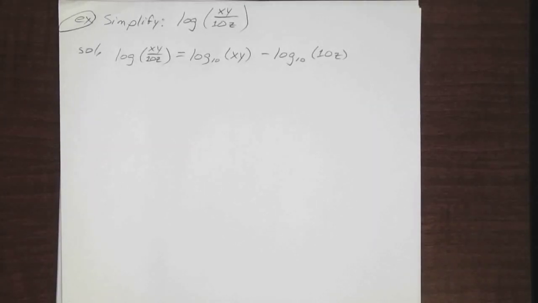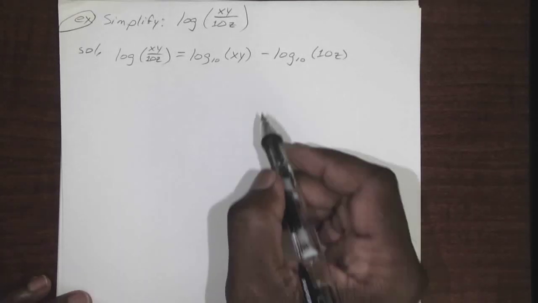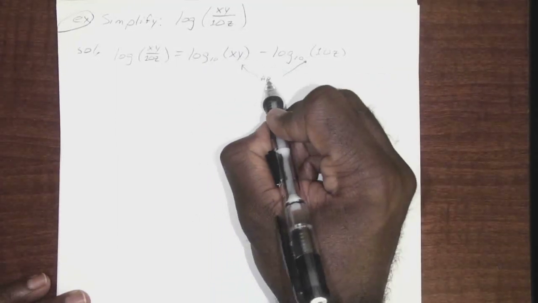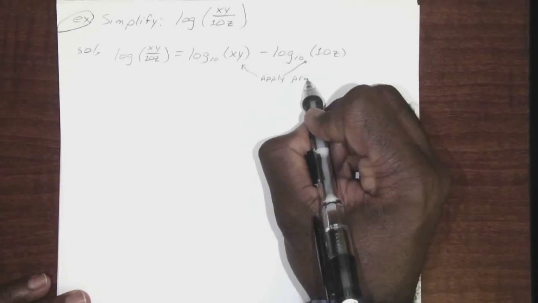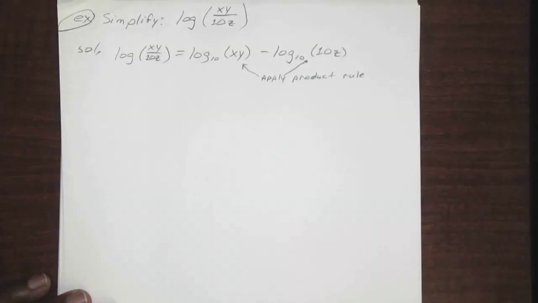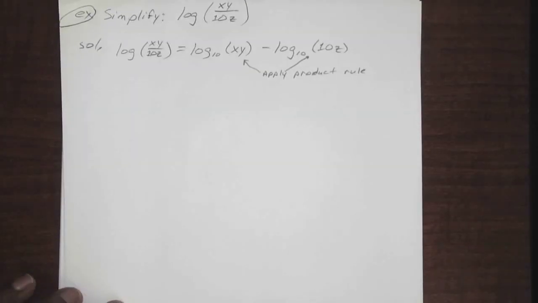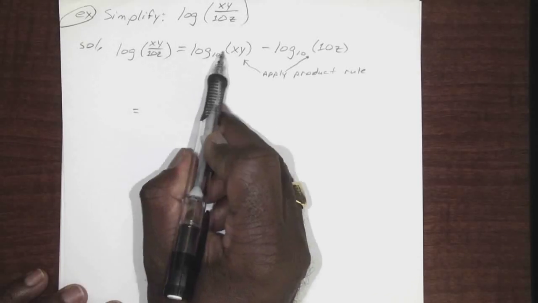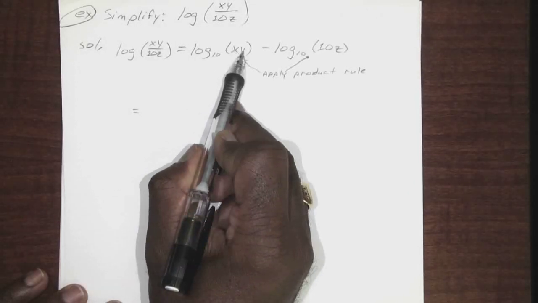Okay. Now, once we apply the quotient rule, that actually gave us two products. So we can apply the product rule to both of those. If we apply it to this one, that's going to be log base 10 of x plus log base 10 of y.